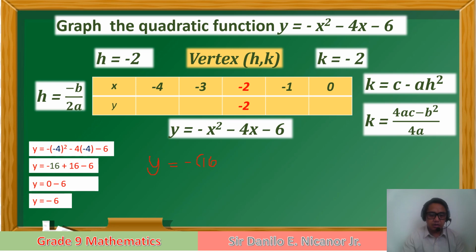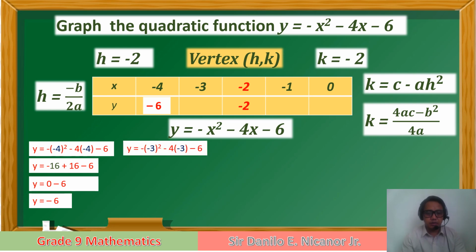Some get confused and put negative 16 right away, but anyway, negative 6 is still the answer. Negative 4 times negative 4 is positive 16. That becomes 0, and 0 minus 6 is negative 6. So if x is equal to negative 4, y is equal to negative 6.